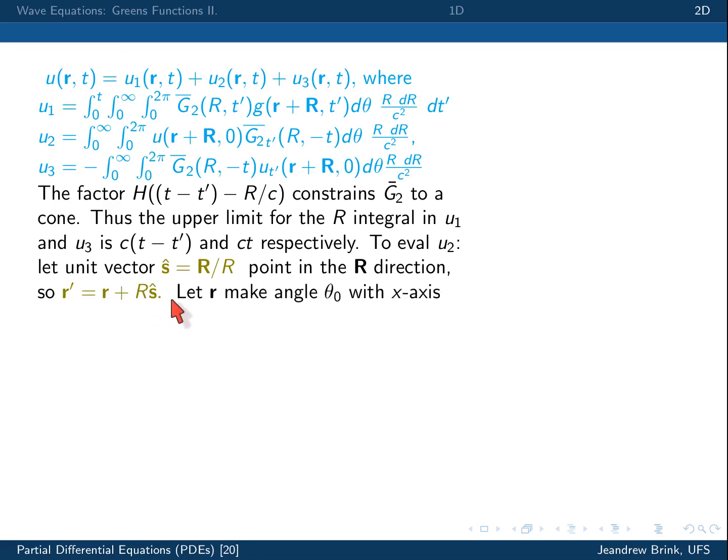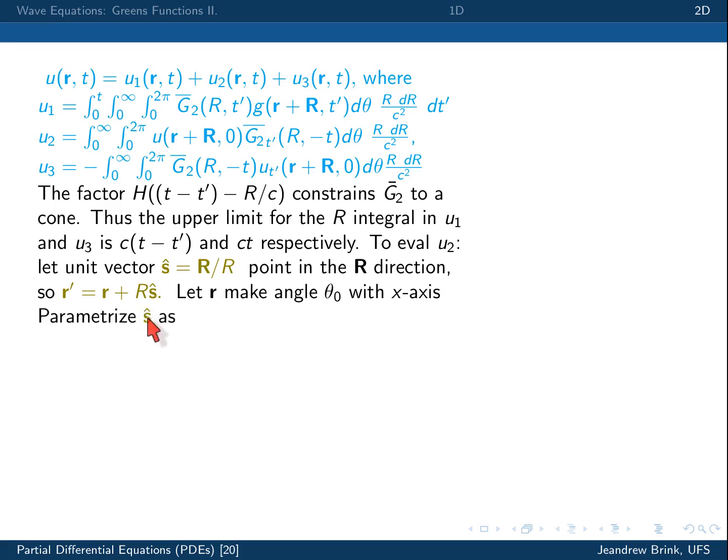I'm also going to let the original field point make an angle theta 0 with the x-axis of the frame in which we're going to describe our solution.